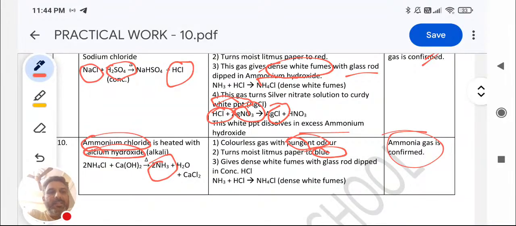And this will give you dense white fumes when it reacts with concentrated HCl. And when this ammonia gas is passed into copper sulfate solution, it forms a pale blue precipitate. And when you pass excess ammonia gas, it will give you an inky blue solution. So this is how we can identify ammonia gas. So these are the chemical tests and identification of gases.